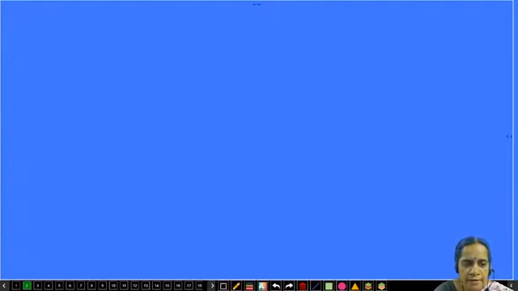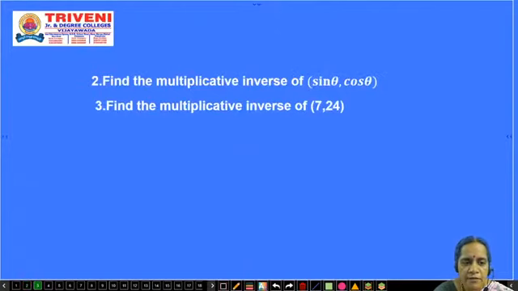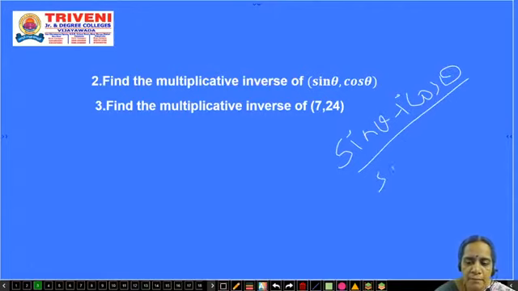Okay, and then we go to the next sum. Find the multiplicative inverse of (sin theta, cos theta). This can be written in the form of a complex number: sin theta plus i cos theta. The multiplicative inverse is sin theta minus i cos theta by sin square theta plus cos square theta.